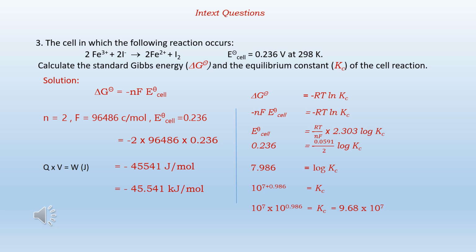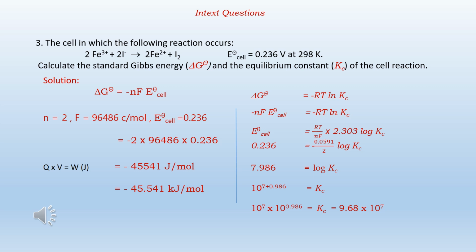Since all the constant values are converted into 0.059 divided by n, the n value here is 2, and calculating, log Kc is equal to 7.986. See that step, log Kc is equal to 7.986.